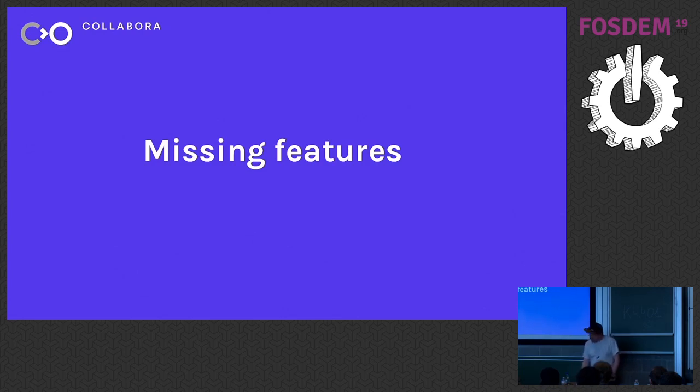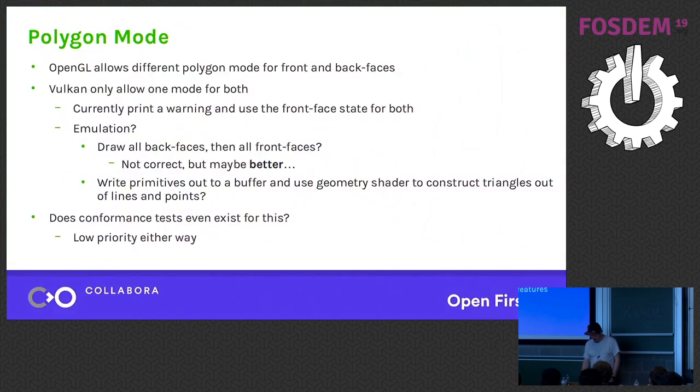So we're currently supporting OpenGL 3.0, but there's a bit of an asterisk there. There are some features we're missing. Most of these are fixed function details. Polygon mode is different in Vulkan and OpenGL: in OpenGL you can specify a different polygon mode for front and back faces, and in Vulkan you can only specify one.